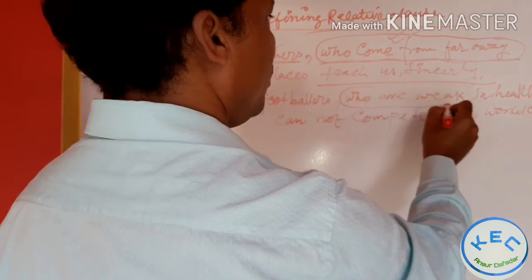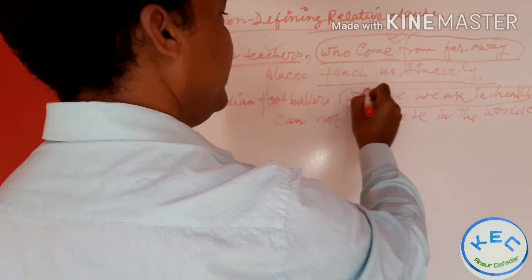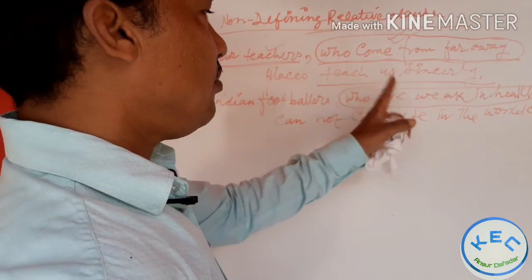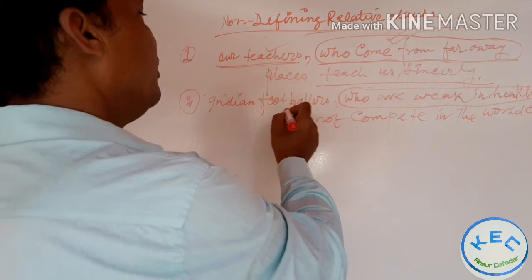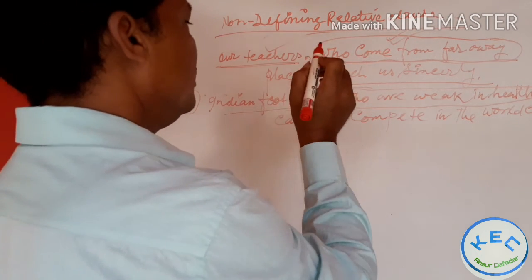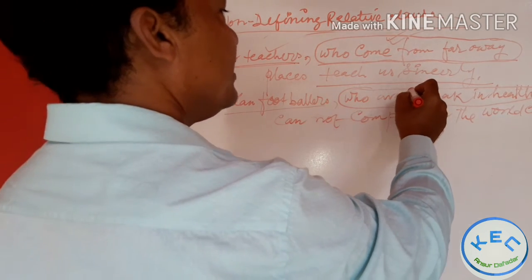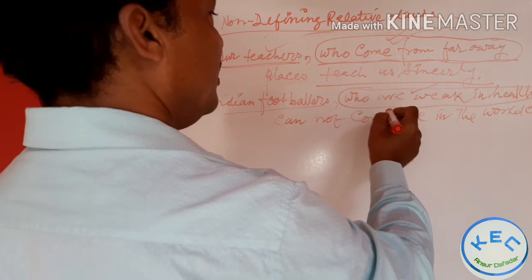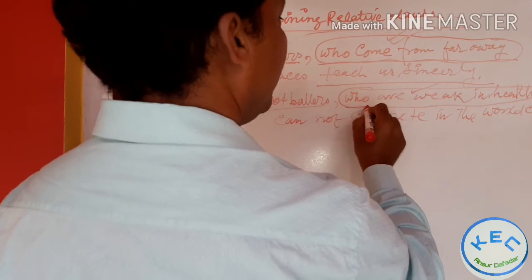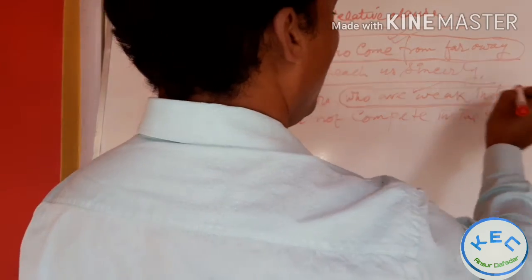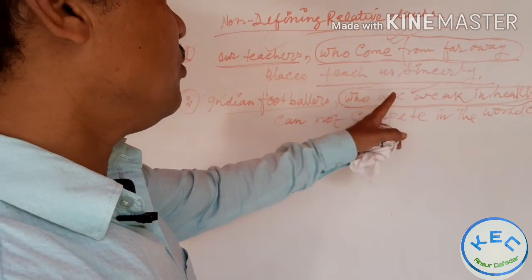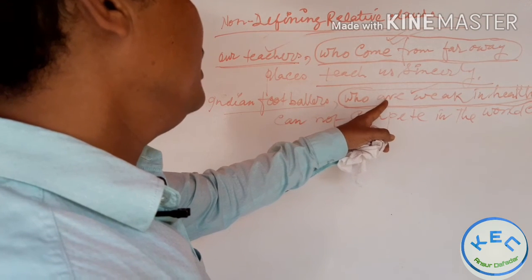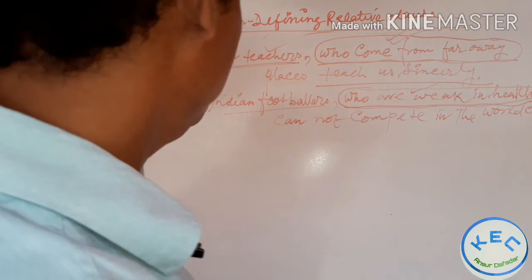This is a relative clause, and this gives an additional information about the Indian footballers. This is the additional information that is provided or supplied by this relative clause. So this relative clause is non-defining relative clause.